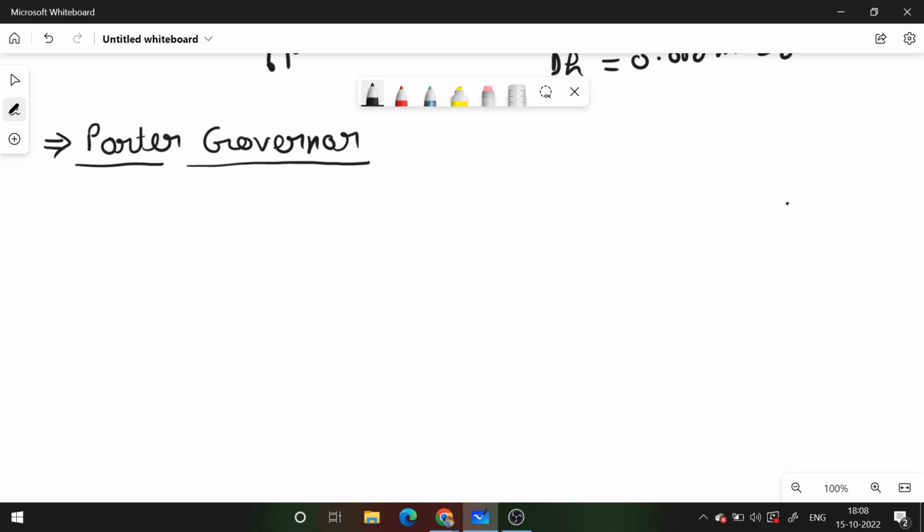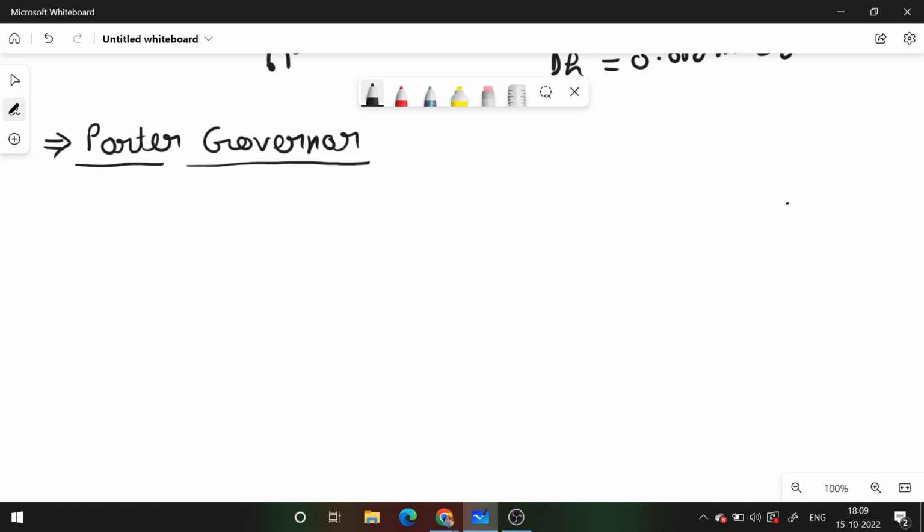Now what is Porter governor? The Porter governor is a modification of a Watt governor, okay, with central load attached to the sleeve.